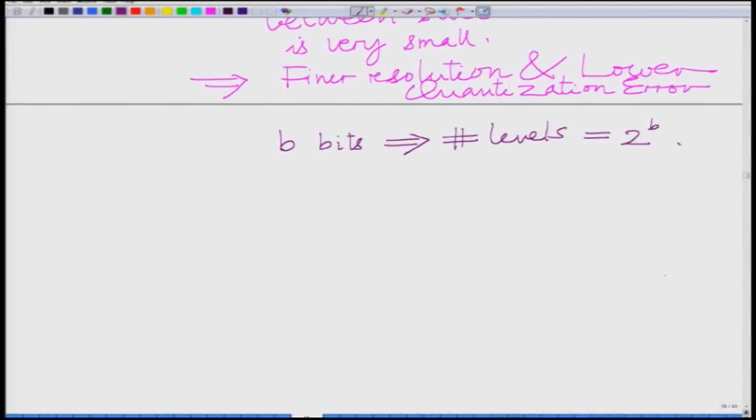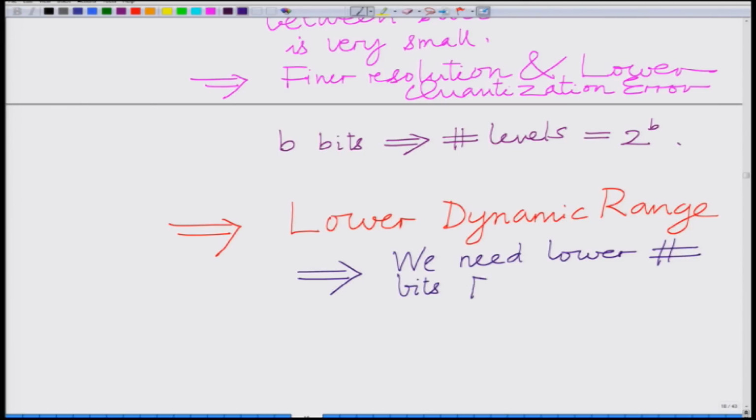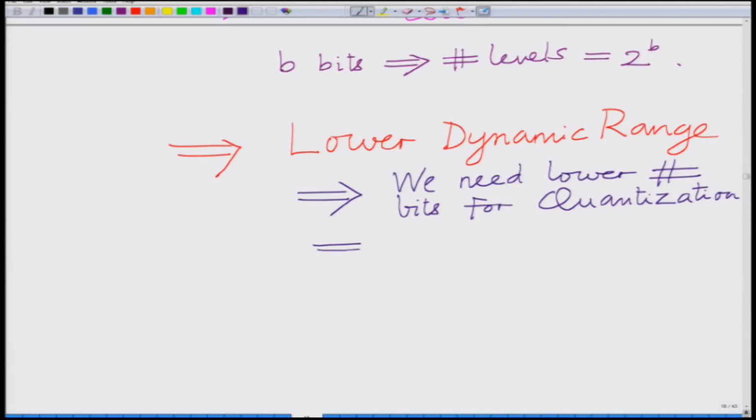Since the dynamic range is smaller, the other way to look at it is that lower dynamic range implies we need a lower number of bits for quantization, which implies that the bit rate can be reduced.